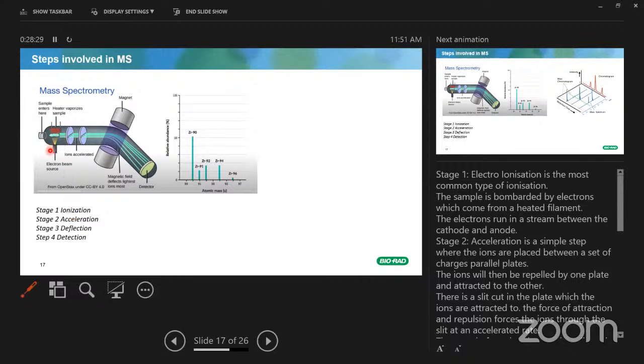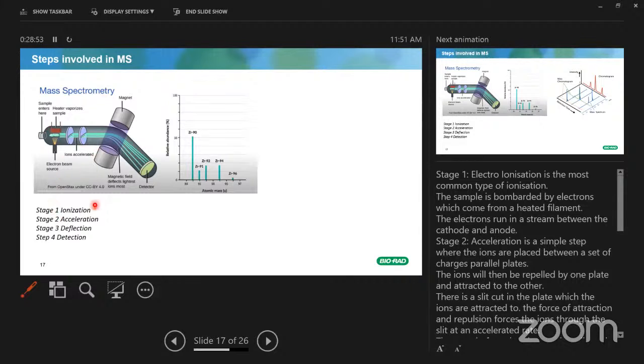Electron ionization is the most common technique used in MS. The samples are bombarded with electrons coming from a heated filament, and the electrons run into the stream between cathode and anode. That is the first step of MS, ionization.